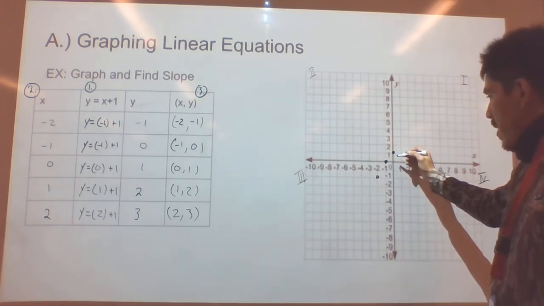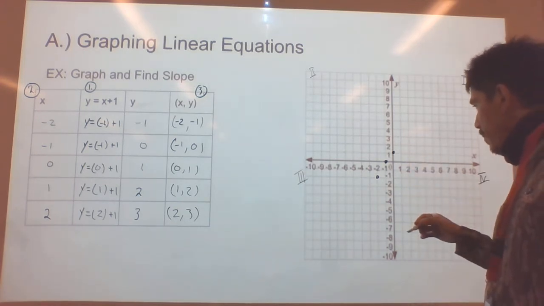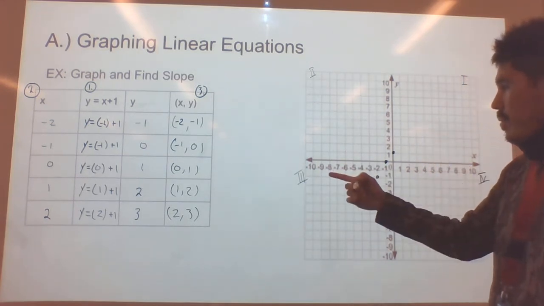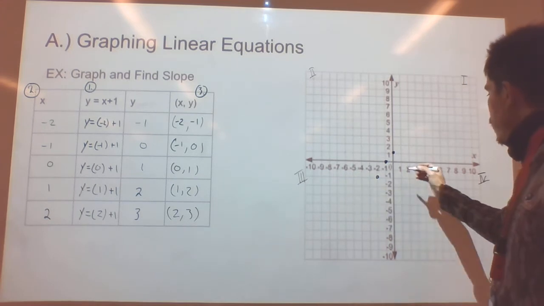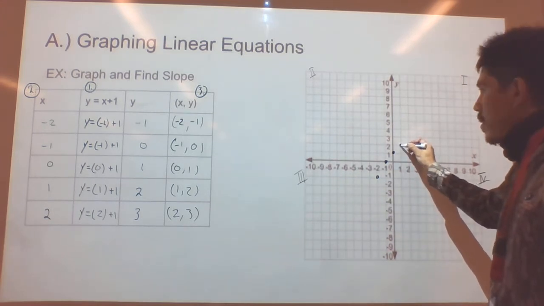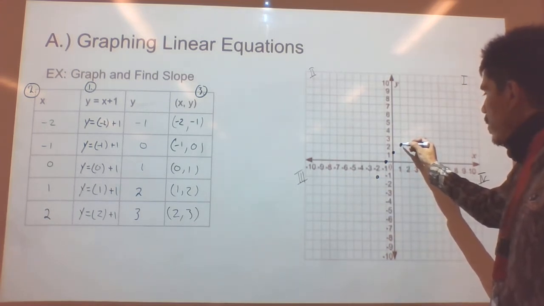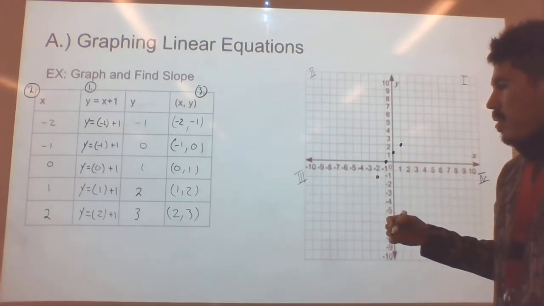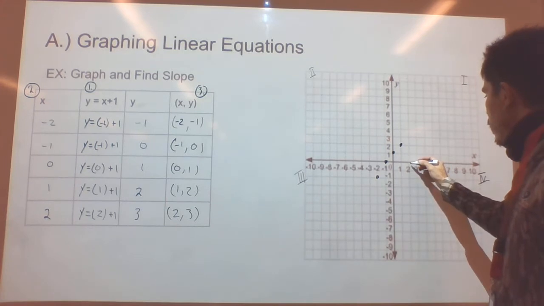Next is 1 and 2. Now we're going to keep going: 2 and 3.